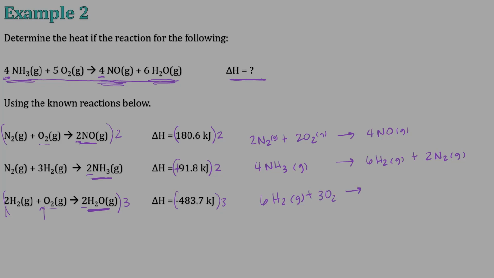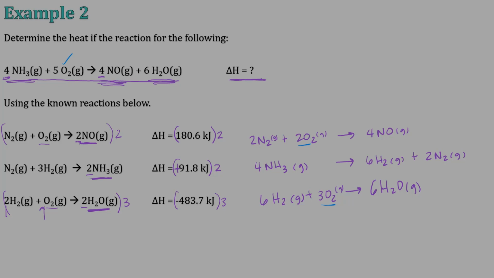Okay, so I told you I was going to go back to oxygen. So what I really do is I wait until I have everything flipped or turned, and then I check to see if my oxygen lines up. So I have 3 oxygens here and 2 oxygens here, and they're both on the reactant side, so that would give me the 5 that I need, so my oxygen is good.